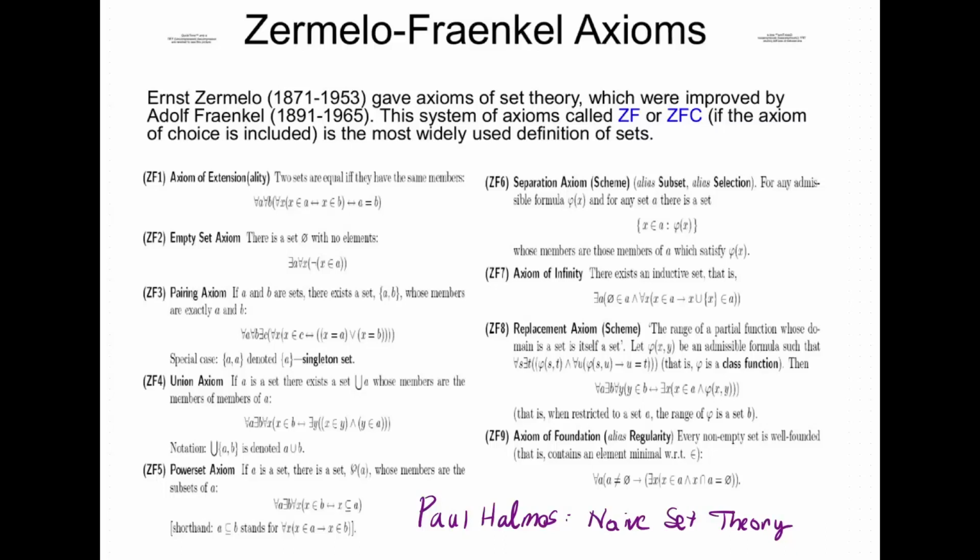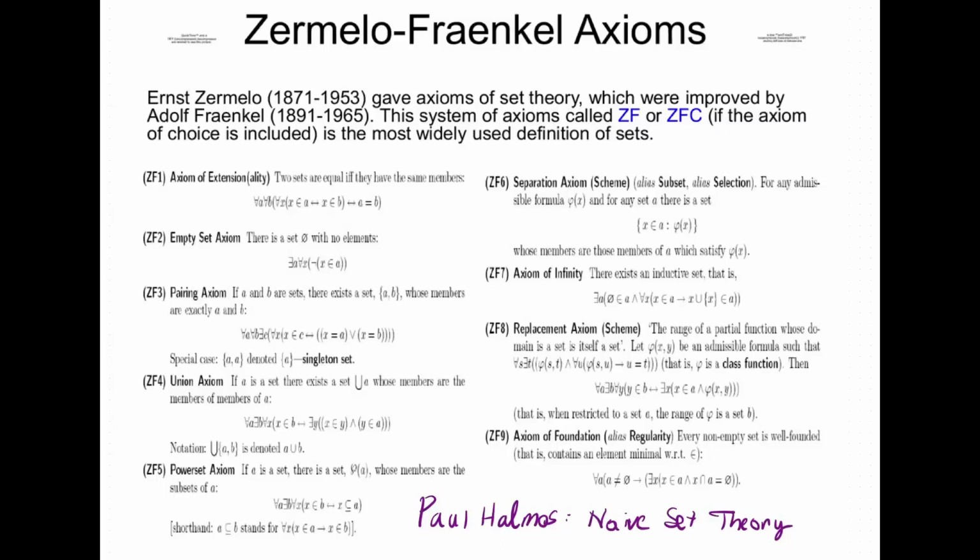These are topics that we will not be discussing as part of our course, since this is a second course in set theory. But if you are interested, I highly recommend Paul Halmos's Naive Set Theory, which goes into the Zermelo-Fraenkel axioms with the goal of constructing the natural numbers, the integers, and then building everything up set theoretically.